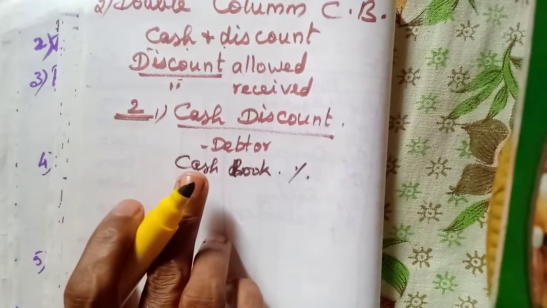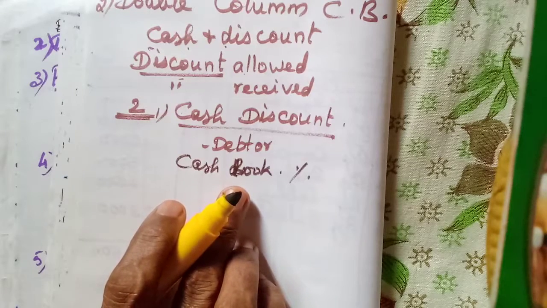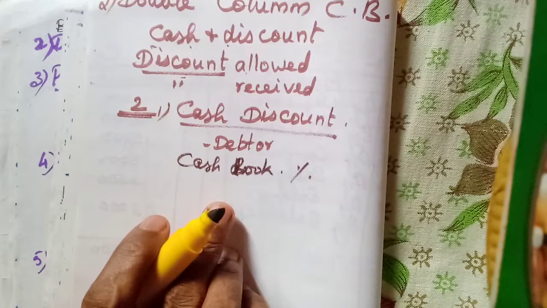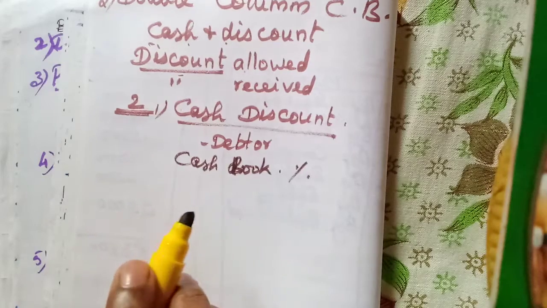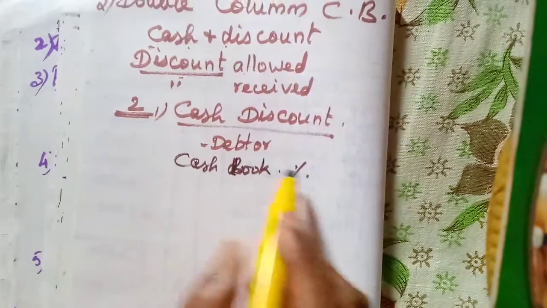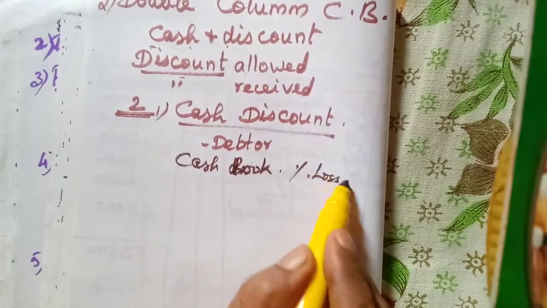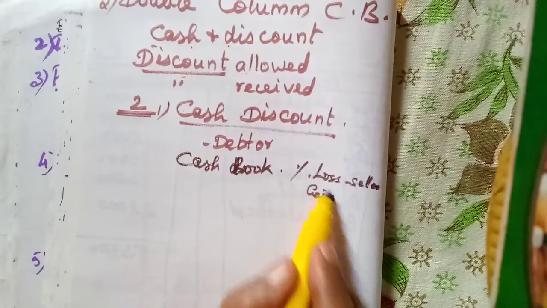In order to make prompt payment immediately within the stipulated time, within the given time. If the buyer or the debtor makes the payment, then the seller will give a reduction in the payment. That is a loss for the seller, and it is a gain for the buyer.